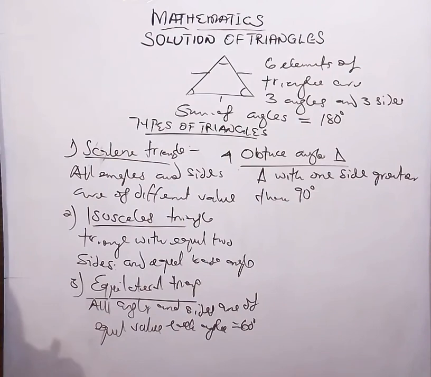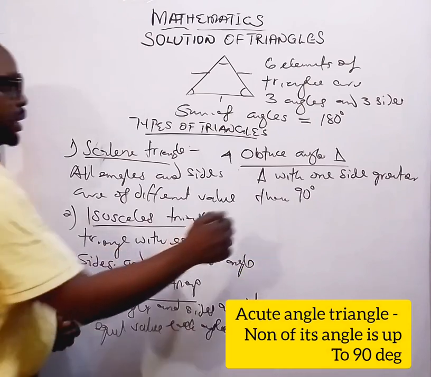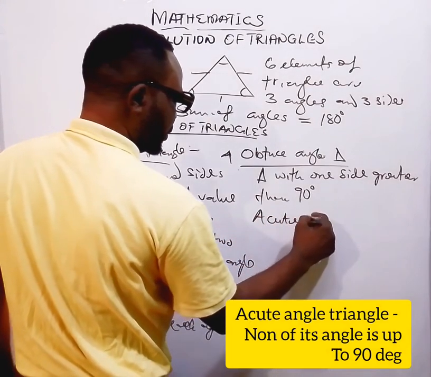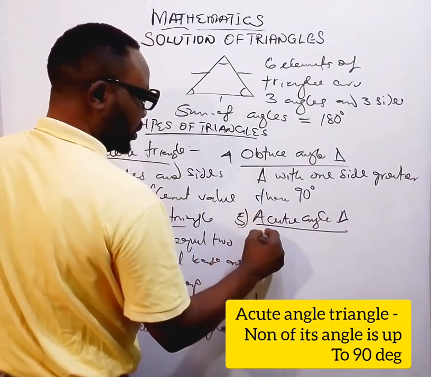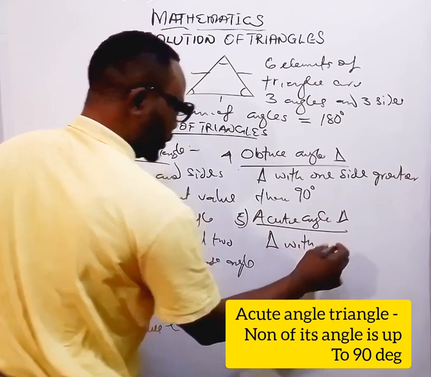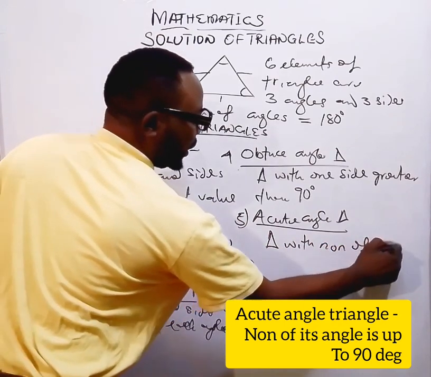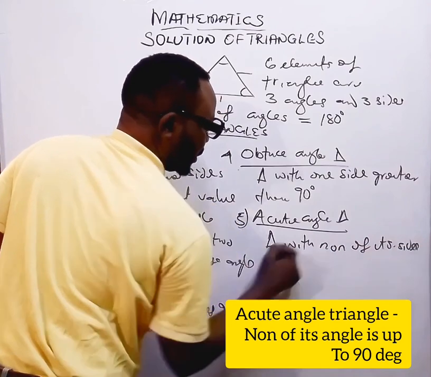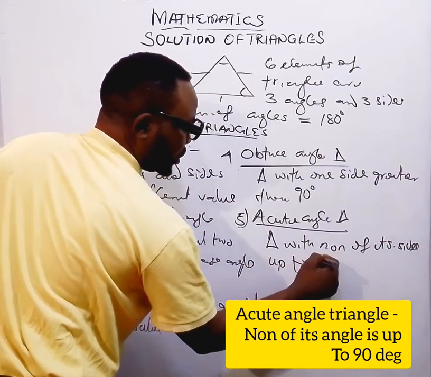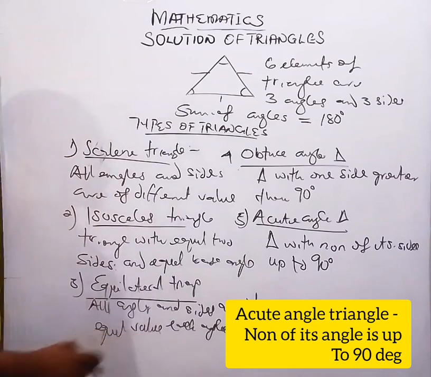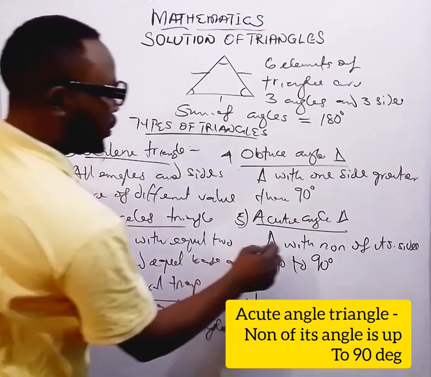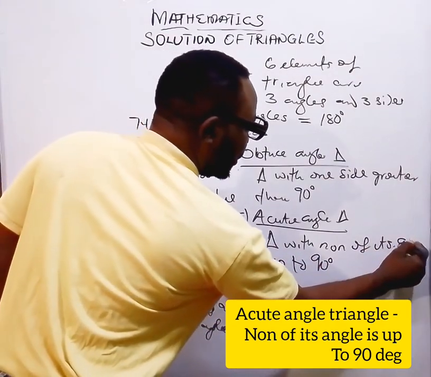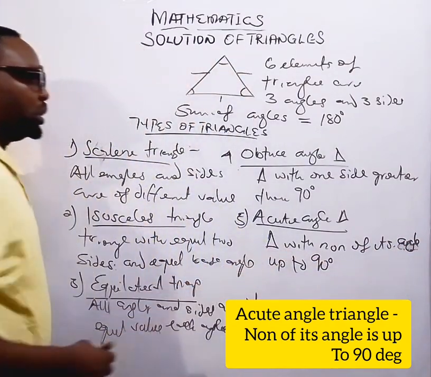Another one we have is the triangle we call the acute angle triangle. This is a triangle with none of its angles up to 90 degrees.